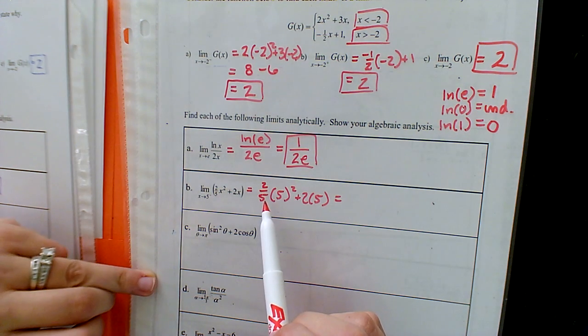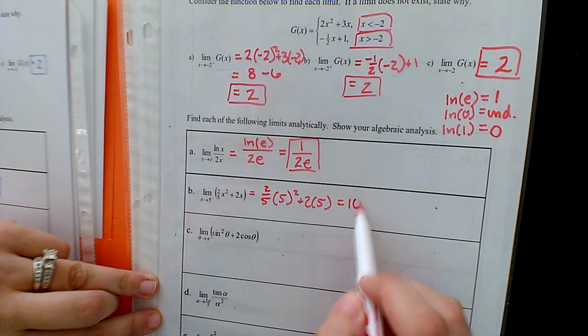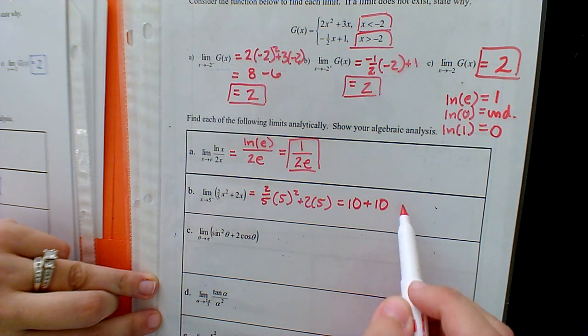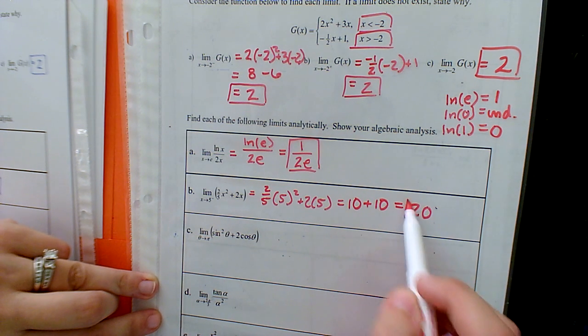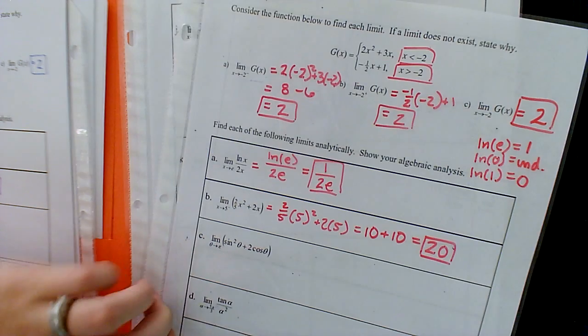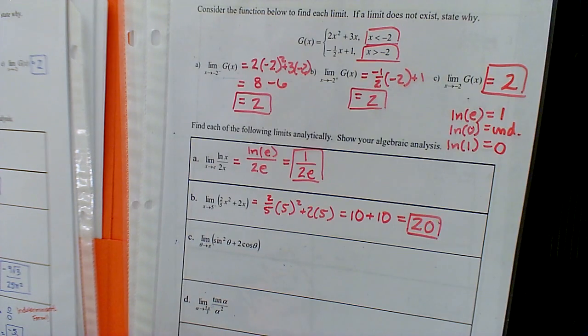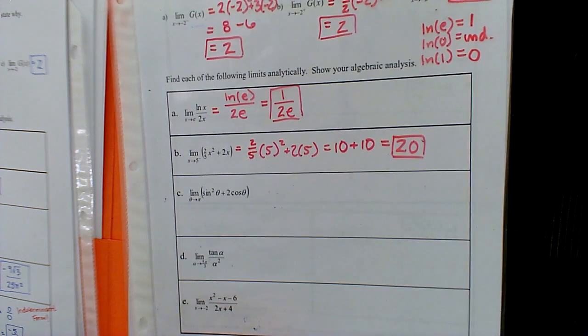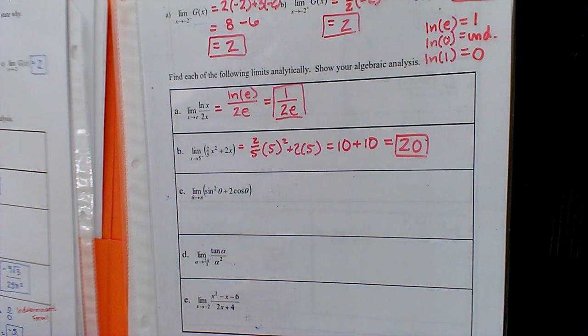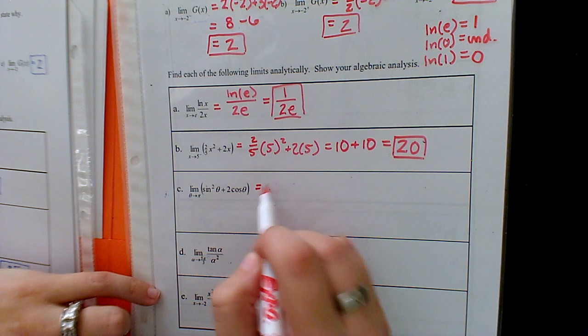And then 50 divided by 5, we got 10. Plus another 10 would give us 20. We doing okay? Direct substitution from yesterday? Let's check out the next one.